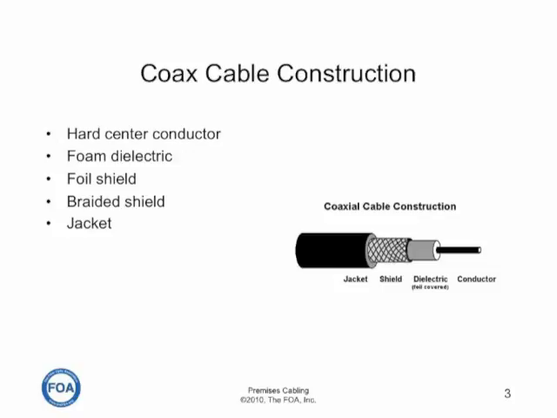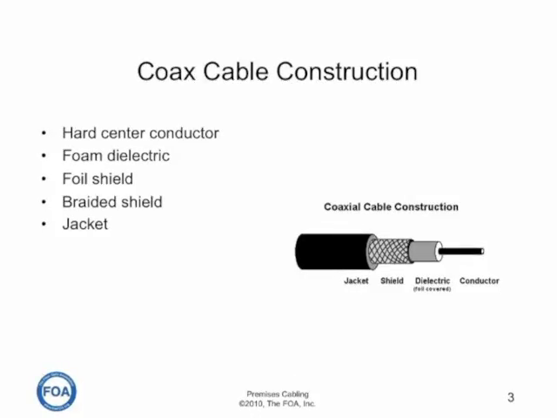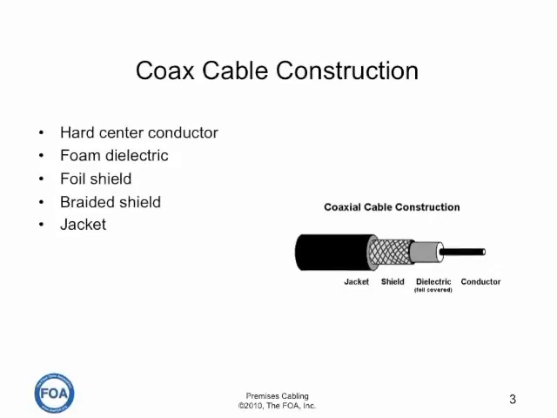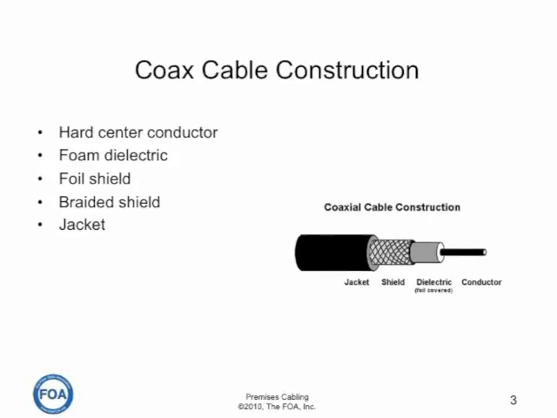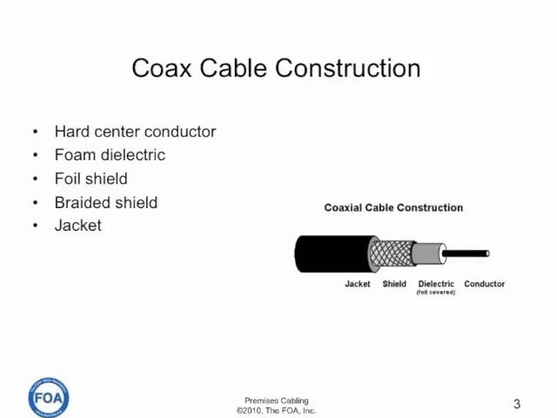Coax cable is called coax because of its coaxial construction. Instead of twisted pairs, it has a center conductor covered by a dielectric, an insulator, that locates the center conductor in the center of the cable, covered by shielding, and then finally a jacket. The shielding is one of the important things because it keeps the extraneous signals from radiating from the cable.